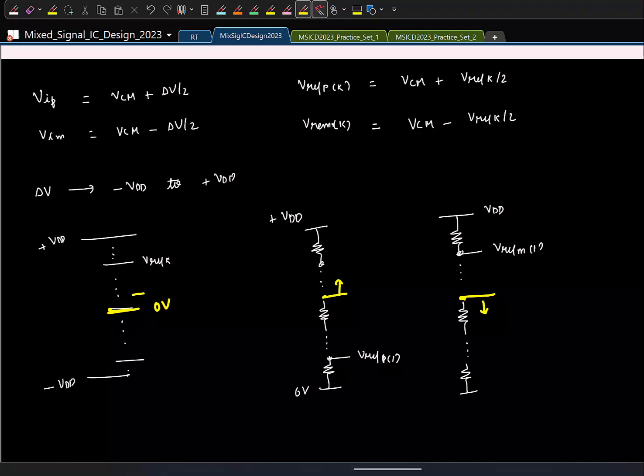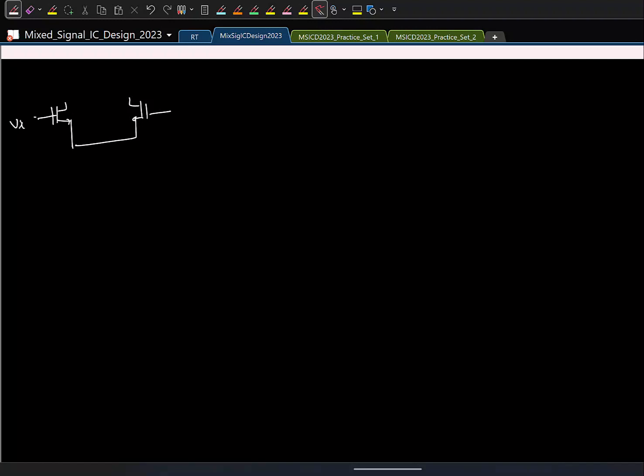If you have plus and minus VDD, you can generate these, right? From this, we can see how we can get these. So if you have a single-ended structure, it is simple because you give V in here, V ref here, and you are set.